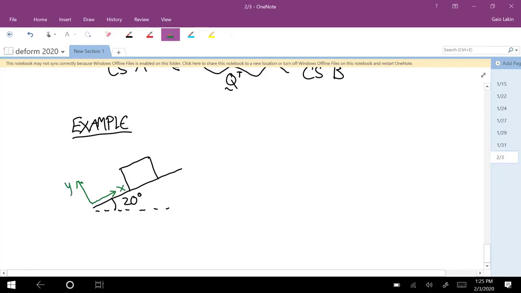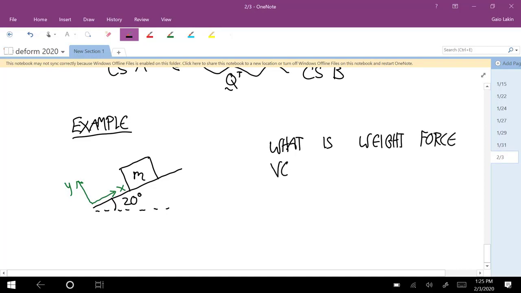Okay. Say this has a mass m. So what's the weight force vector in the coordinate system shown?